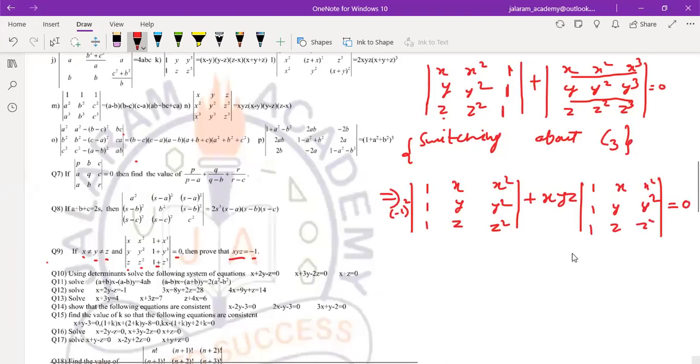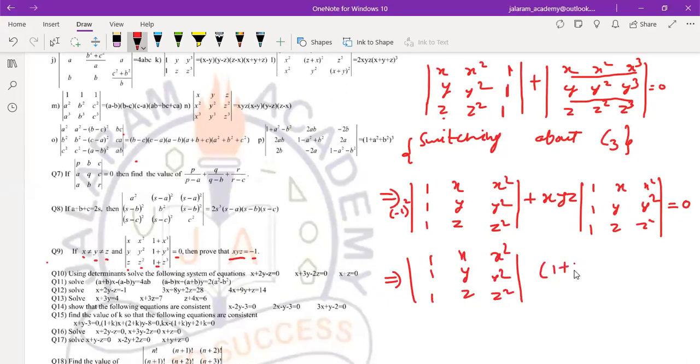Clearly, this determinant is common between the two. It implies the determinant 1, 1, 1; x, y, z; x square, y square, z square is taken common. So it gives 1 plus xyz equals to 0.